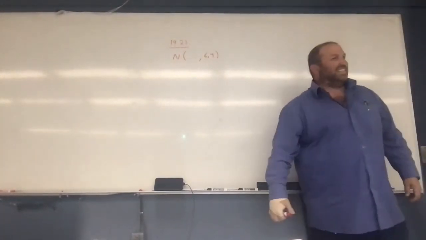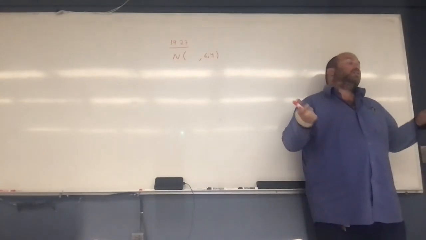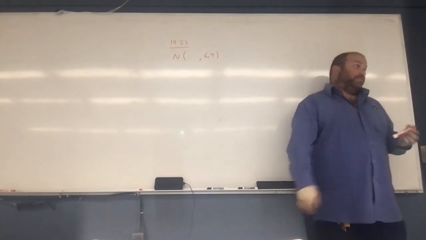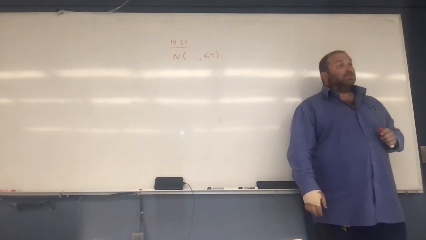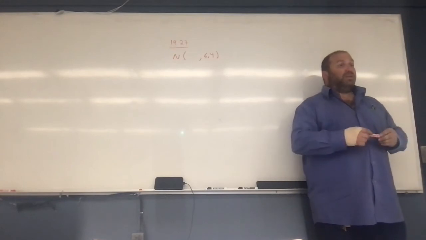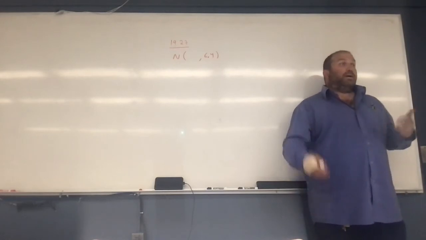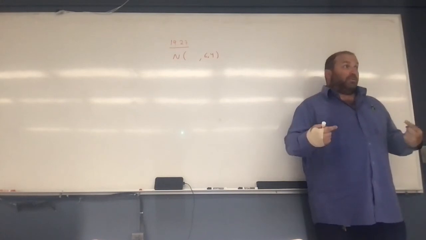Do you want to round up for this? Yes, the answer to the question has to be a whole number. We're trying to find the sample size, right? I don't need mu. I know I don't need mu because they didn't give it to me.